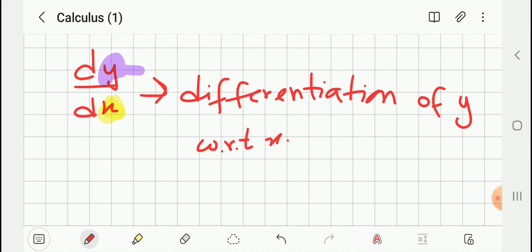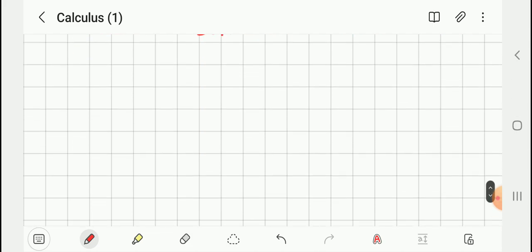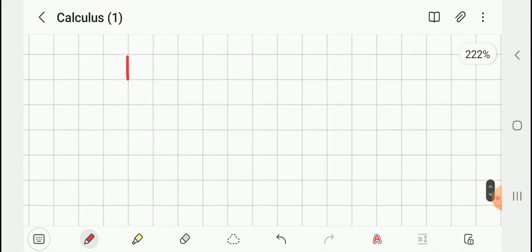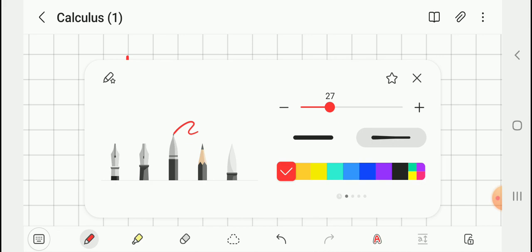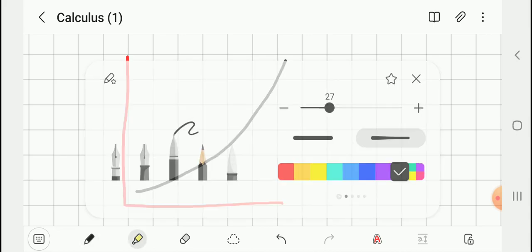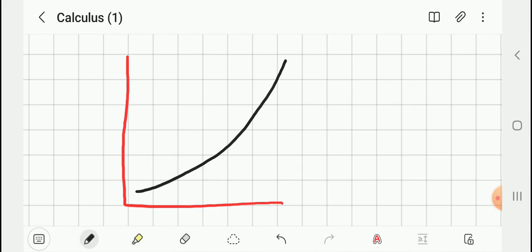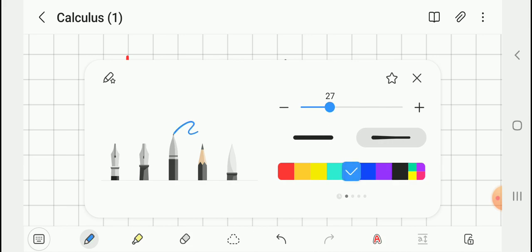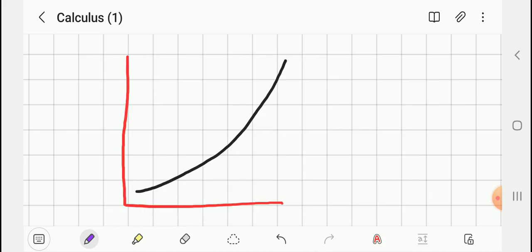Now if we take a graph into consideration, suppose we have a curved line, and we are asked to find the slope at this point.